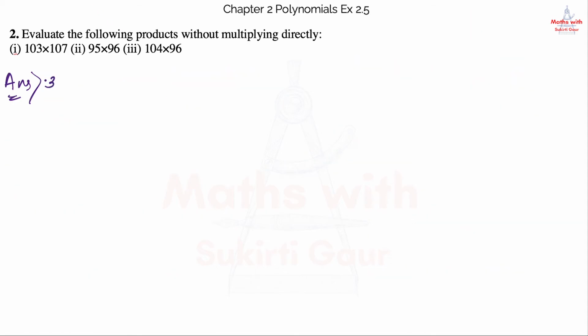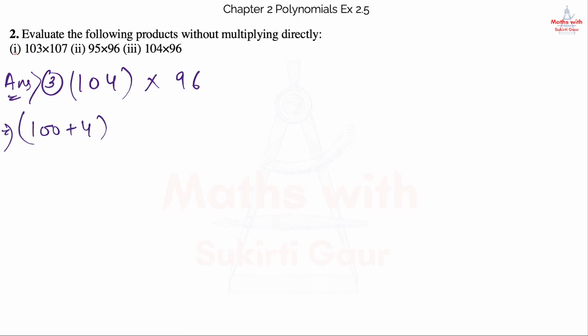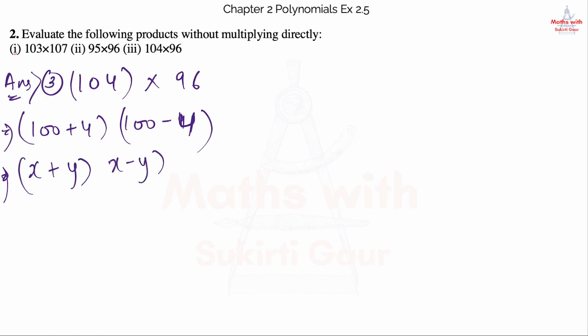Okay. In the third one, we have 104 into 96. Now here, taking 100 as base, can I write 104 as 100 plus 4? And taking 100 as base, I can write 96 as 100 minus 4. Can I? Yes. So you can clearly see it is in the form of (x plus y) into (x minus y), which is nothing but x square minus y square.